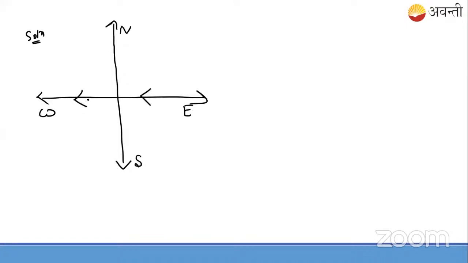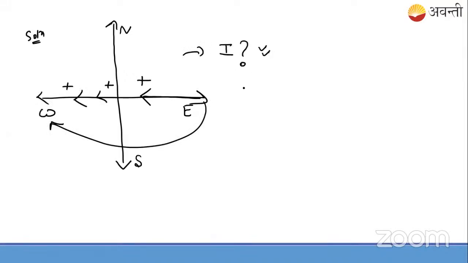Now they say the proton beam is going from east to west. This is a proton beam, a beam of positive charges going from the east direction to the west direction. They are asking whether a current will be constituted in this, and if so, what will be the direction of the current. This is the question for all of you.